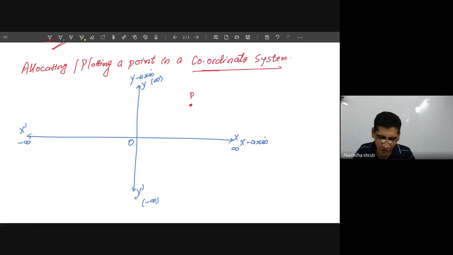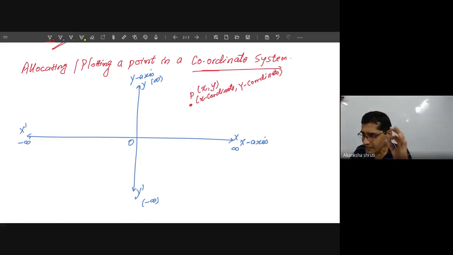In the previous class we learned, and above I have also explained, that this point is always specified with its x coordinate and its y coordinate.